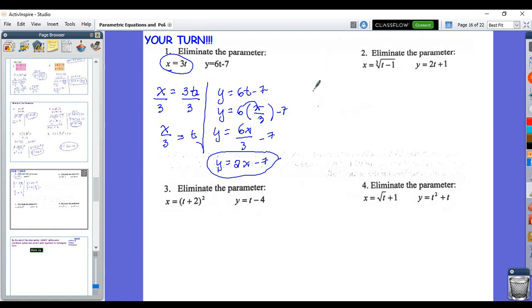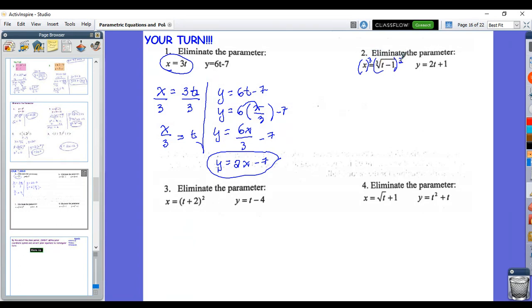All right, number two. My x component is equal to the cube root of t minus 1, and I would like to solve for t. But first, I have to get rid of my cube root. So to get rid of my cube root, I can raise both sides to the power of 3, because you know cube root is 1/3, the index is 1/3.